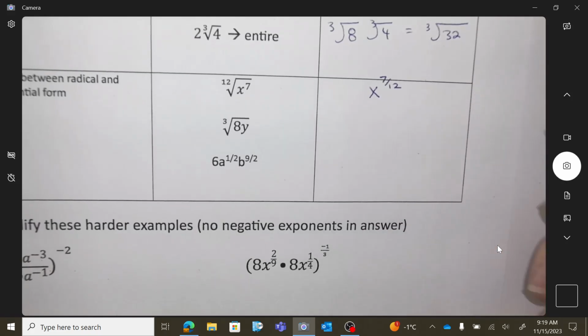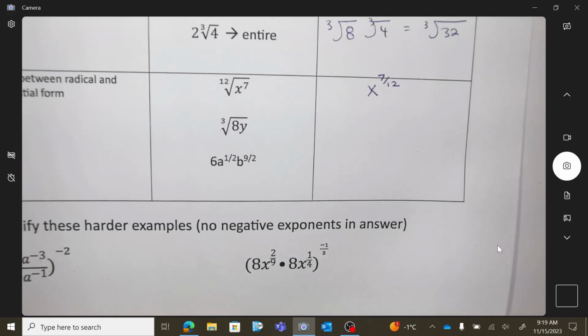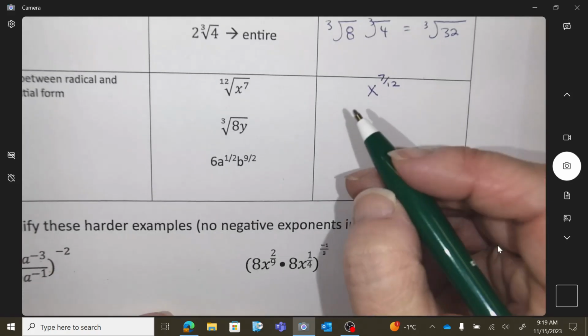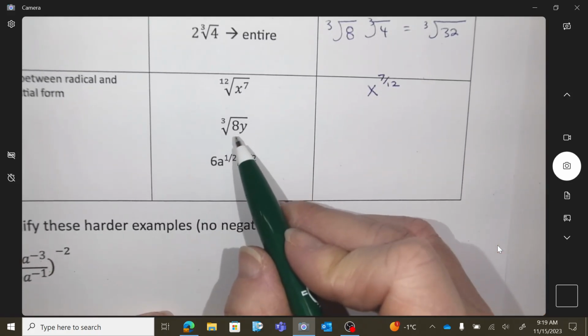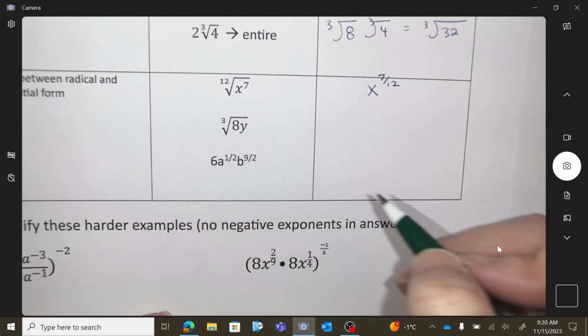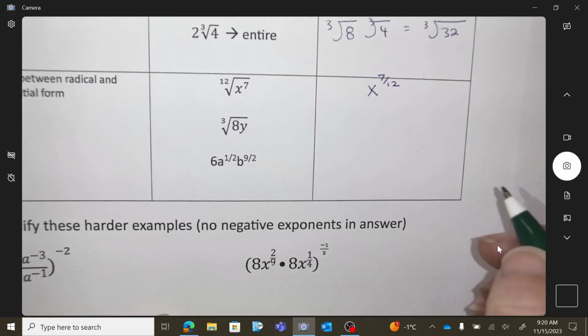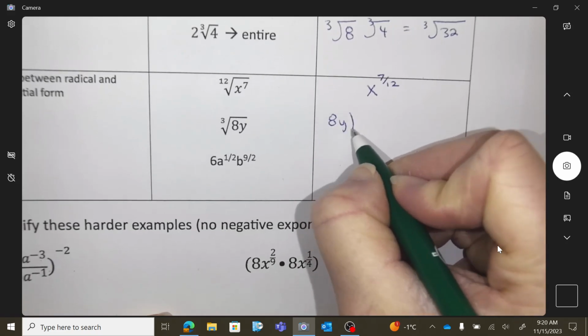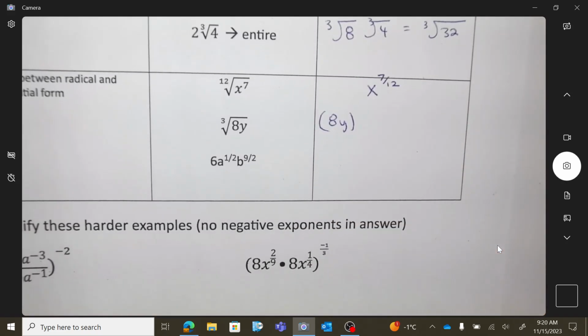Seven over 12. Okay, so now when you do a cube root, it's the same as doing a what? So 8y to the what exponent? 1/3.